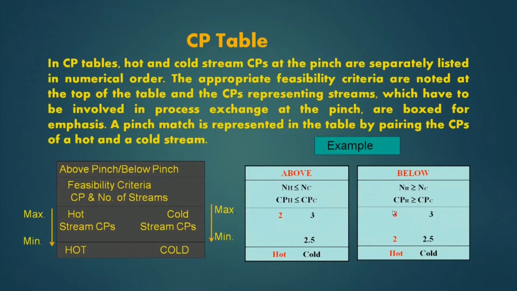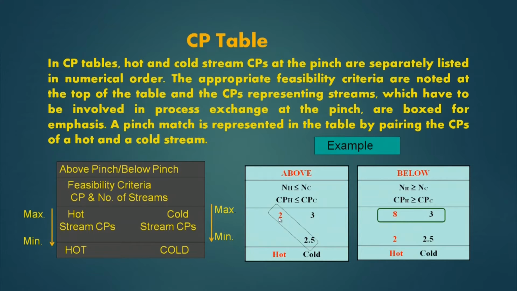So, maximum to minimum we are writing, and there are two cold streams 3 and 2.5. So, maximum to minimum we are writing. Now, while representing matches, we represent matches like this. That means, 2 will be matched with 2.5 and here 8 will be matched with 3.